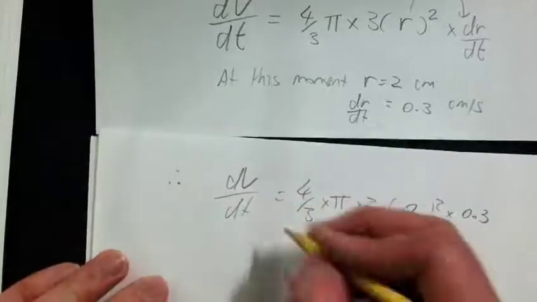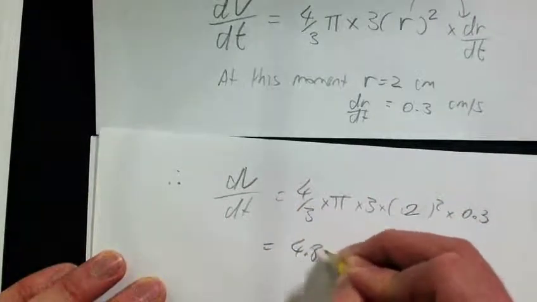Yes. I think. Let's check that. Yes, okay. 4.8 times pi, which is approximately 15.08 centimetres cubed per second.